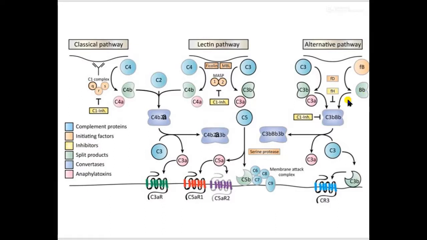So you have the C3b and the factor Bb that also gets bound to it, and also a factor D comes and acts on it, and it is the factor D which splits the factor B into factor Ba and Bb. Ba is not shown here.